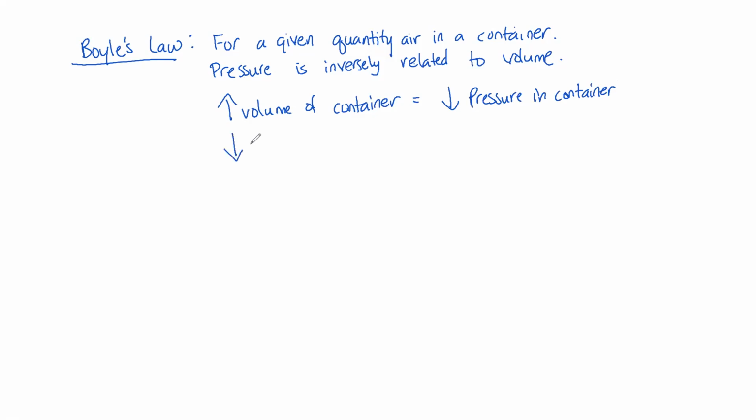If the volume goes down in that container, and this applies to a lot of other things that we probably don't even know. The deployment of airbags is an application of this law. Things like spray cans are an application of this law. If we change the volume, we can manipulate the pressure. So a decrease in volume of the container will increase the pressure within that container.